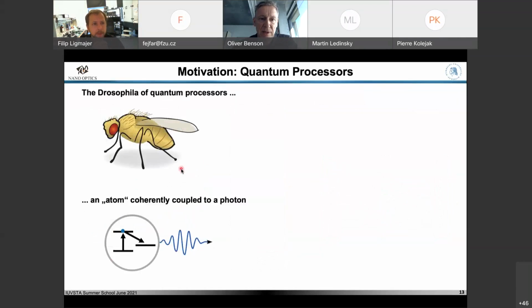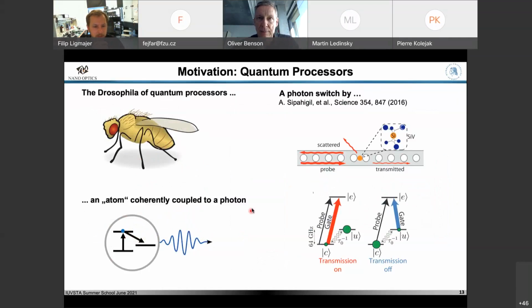And here again, the Drosophila type of unit would be some atom or atom-like system with discrete electronic or spin states, coherently coupled to a photon. And there are some first results of typical photonic switches, so how to switch a photon with such an atom-like object.